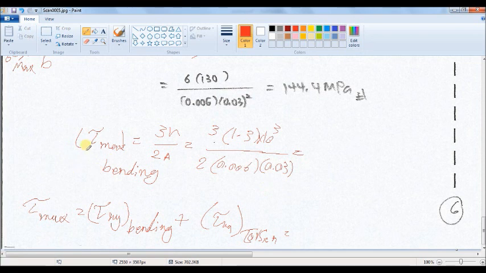Okay, I haven't found this value yet. Okay, 3 times V, which is 1.3 kilonewton, divided by 2 times the area of the cross section.